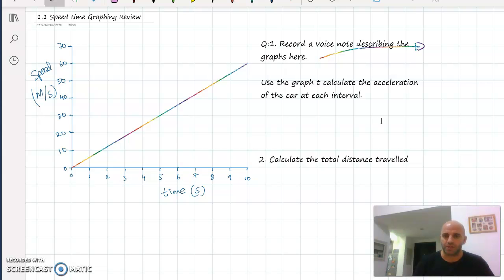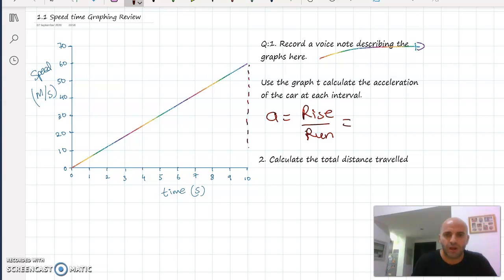What I want to do now is calculate the acceleration at the interval shown. Well, there's only one interval shown here. The acceleration of the object is going to be the slope of the line, and we've discussed this in class. It's the rise over the run. So we know that the line has risen by plus 60 meters per second over a time interval of 10 seconds.